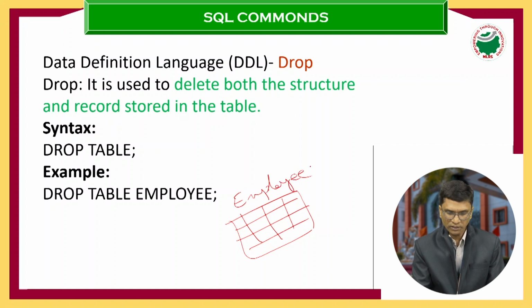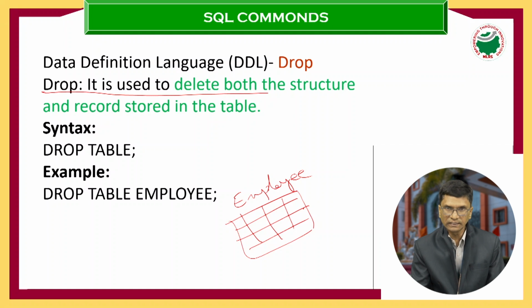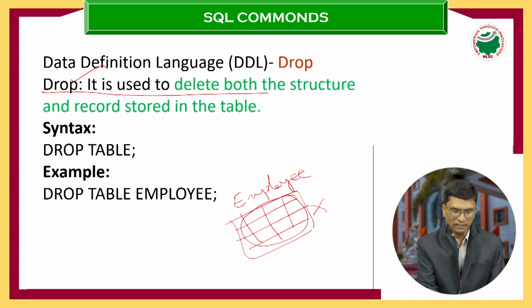If we want to drop the entire structure by using this drop, we can delete all the structure of this employee, and the data related to employee will also be lost. So drop is used to delete all the structure, and the records in the table will be deleted as well. So this is a major thing.